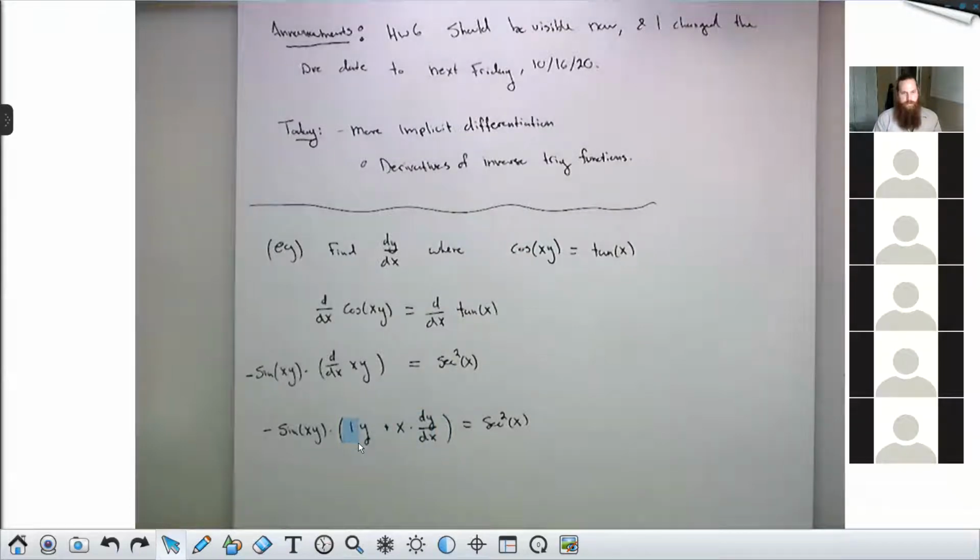I differentiated the x and I left the y alone. That's like u prime times v. Plus, then I'll leave the x alone and differentiate the y. That's like u times v prime. Oh, okay. Do we see it? It's a little bit sneaky, but yeah, this is the result of applying the product rule to this.